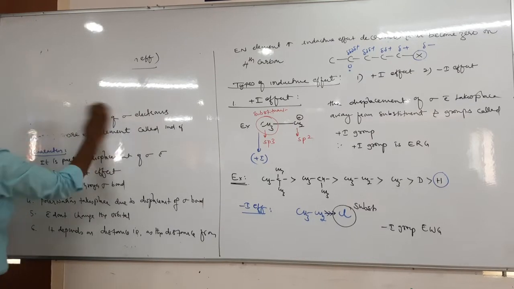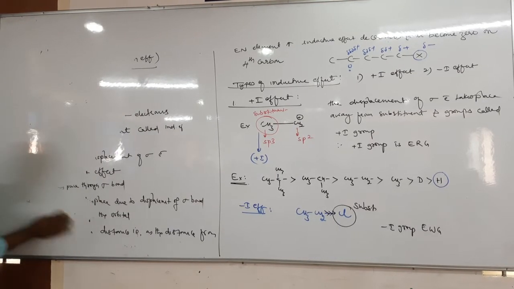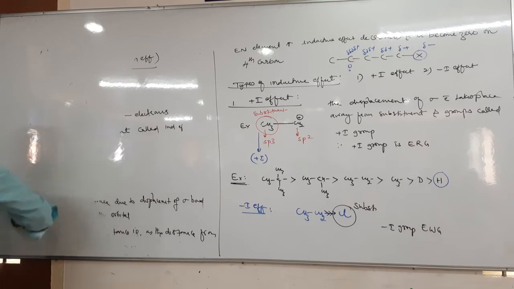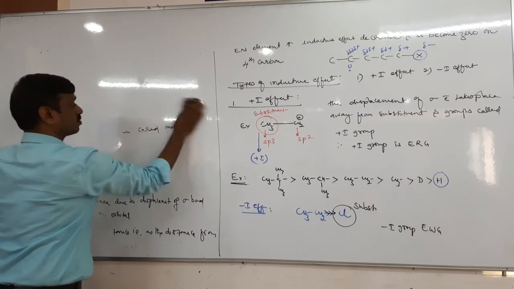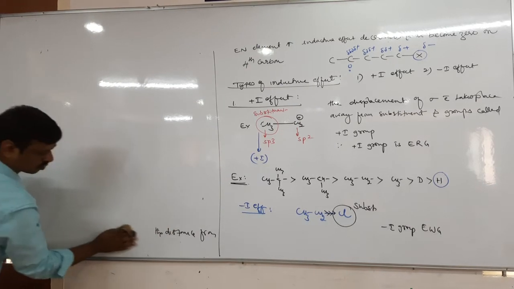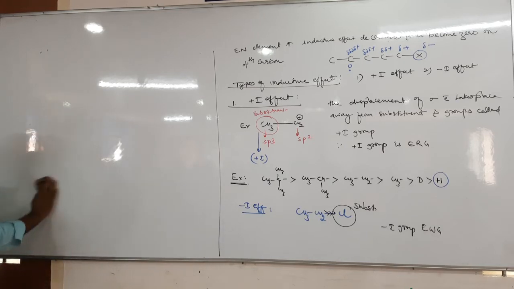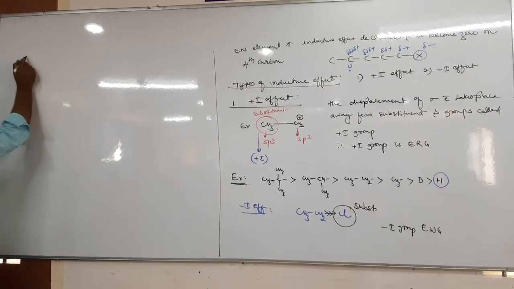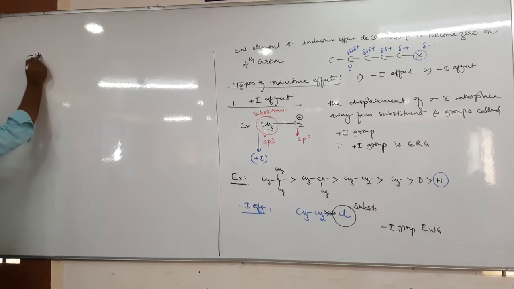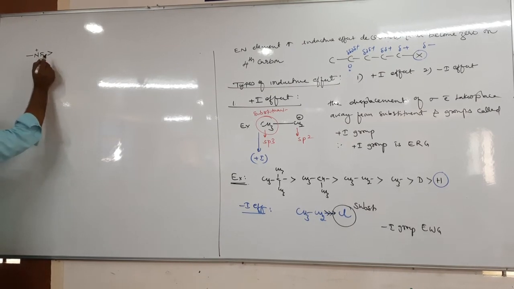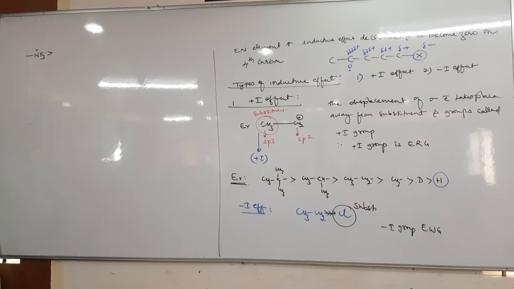Then let's see what are the important examples for minus I groups. So order is important, you must remember, right? In minus I group there is NF3 plus, it has highest minus I effect.